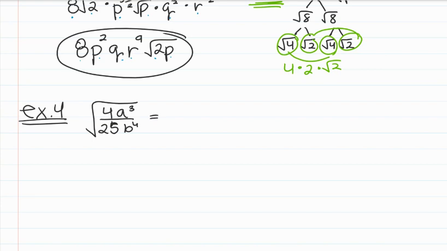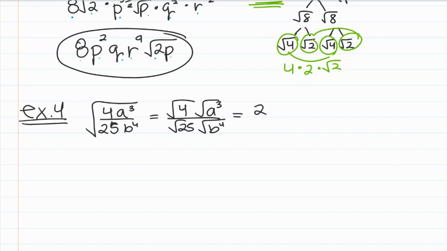Okay, so in this case, we can break everything up just so we can keep track of it all. So square root of 4 times square root of a to the third, square root of 25 times square root of b to the fourth.